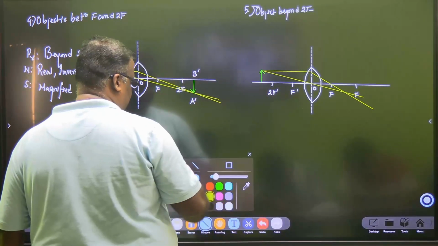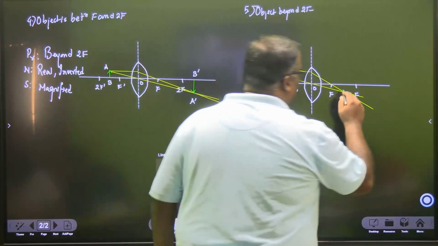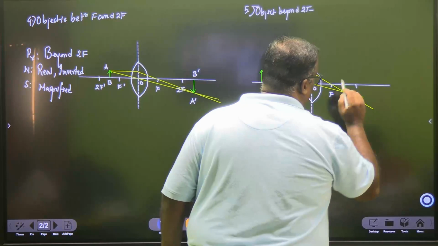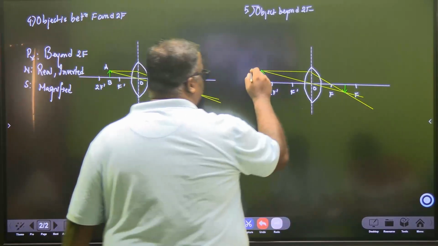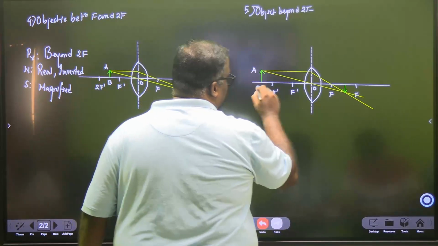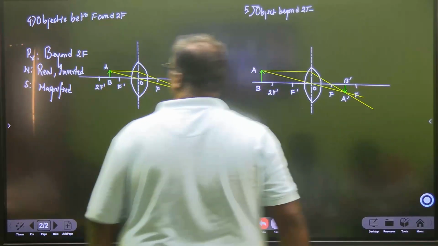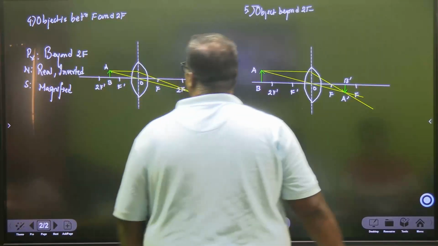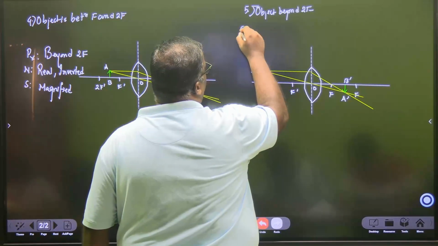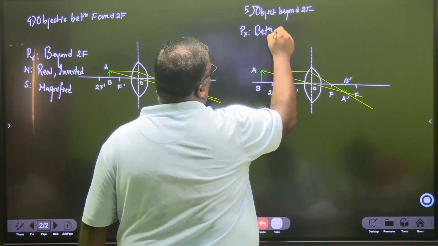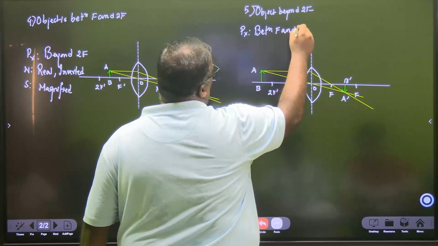As a result, image will be formed between F and 2F and the image size will be smaller. This is A, this is B, this is B dash, this is A dash. So what do we write? Position between F and 2F. These are just opposite of each other.